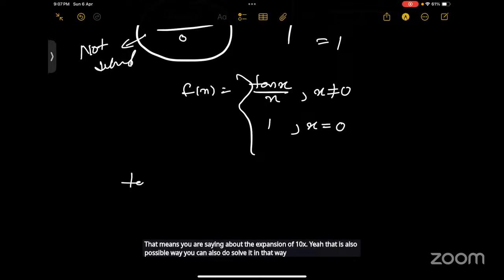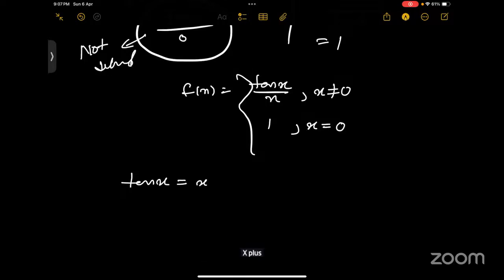So what is the expansion of tan x? x plus x cube by 3 plus 2x power 5 by 15. I don't remember the exact expansion.